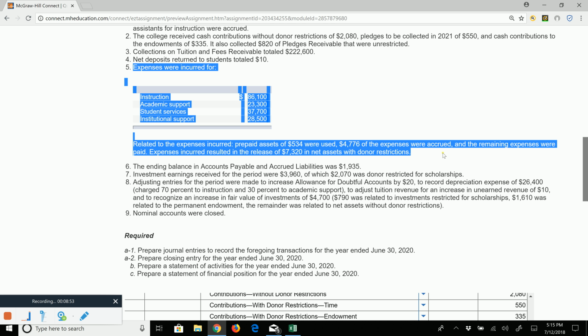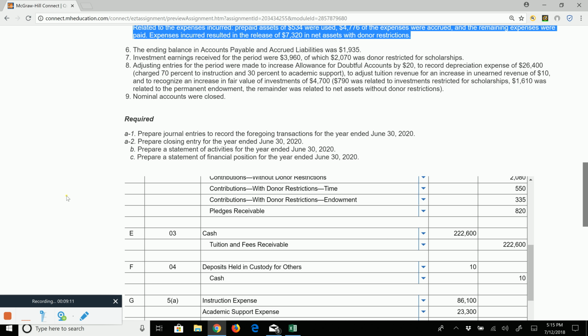And the remaining expenses were paid in cash, so we'll credit cash for the remainder. And lastly, it says expenses incurred resulted in the release of 7,320 in net assets with donor restrictions. So we also have to release $7,300 worth out of the restricted and into the unrestricted or without restrictions.